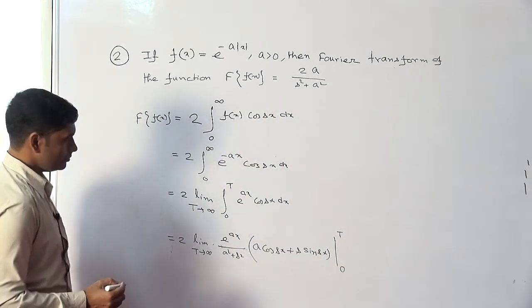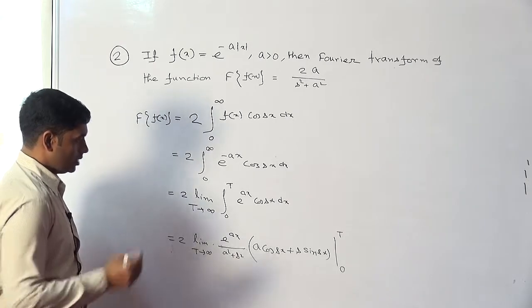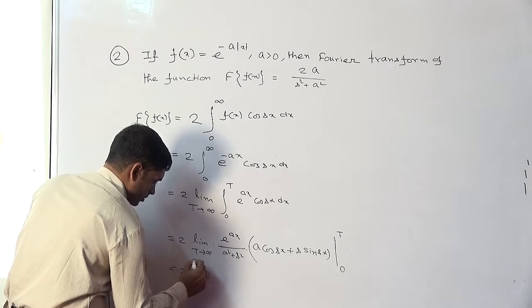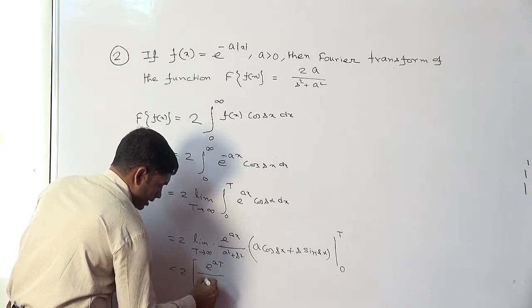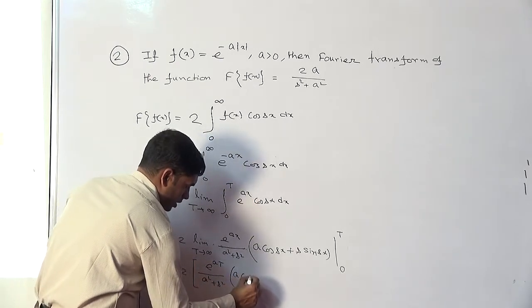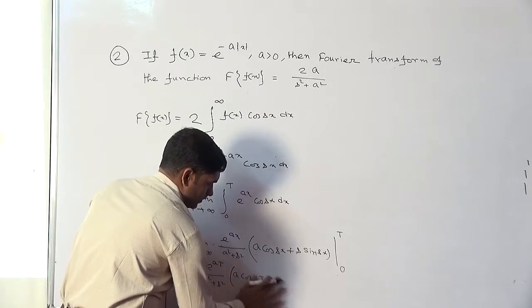Okay. Now let's put the limits. For t, it will be twice e to the power minus at over a squared plus s squared, times minus a cos(st) plus s sin(st).